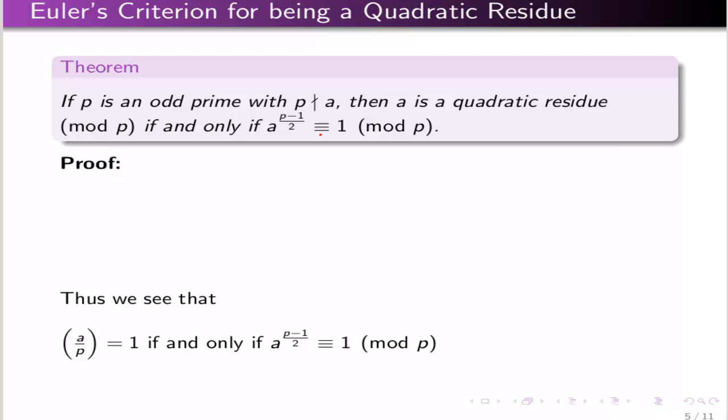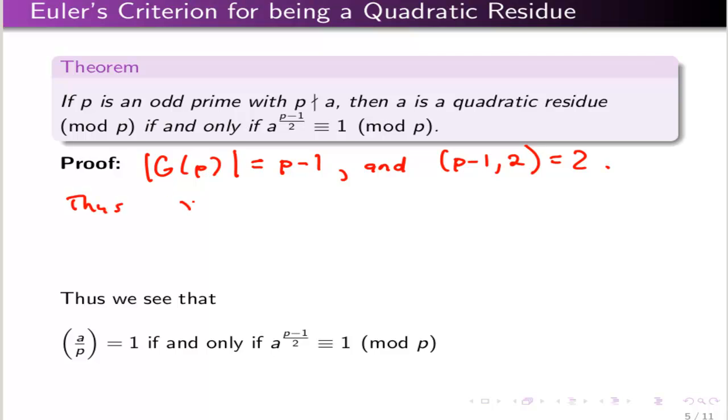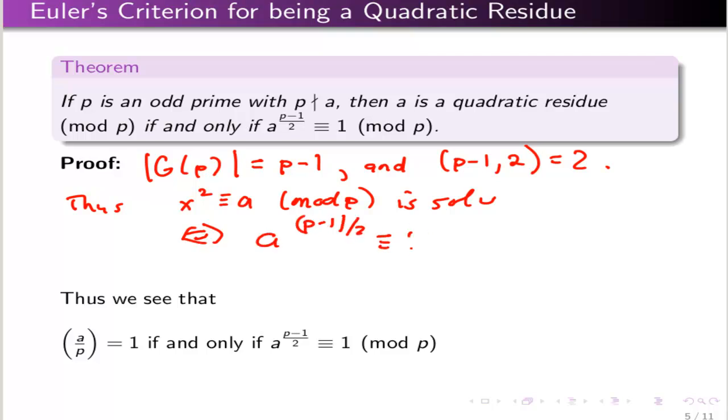And again, the proof was the group of units mod p is a group of order p-1, and the GCD of p-1 and 2 is equal to 2. Thus, x squared congruent to a mod p is solvable if and only if a to the (p-1)/2 power is congruent to 1 mod p. Okay, so we did this last time.